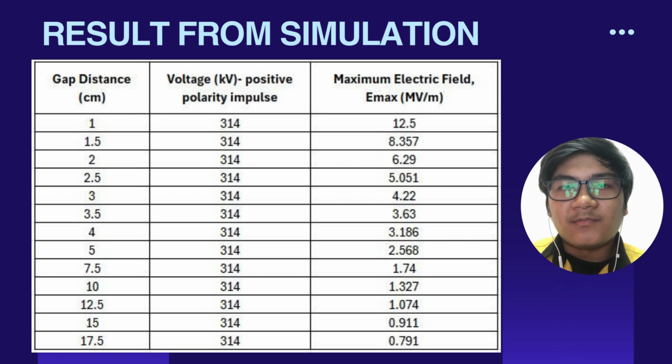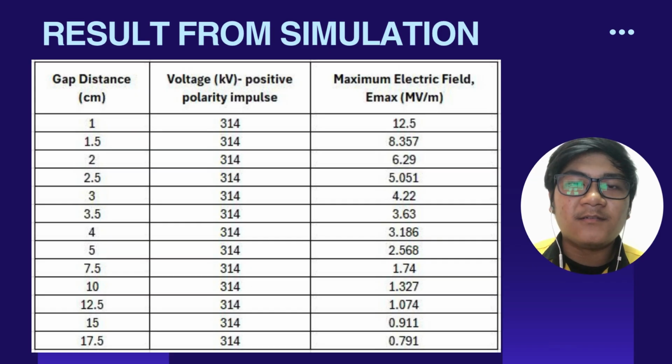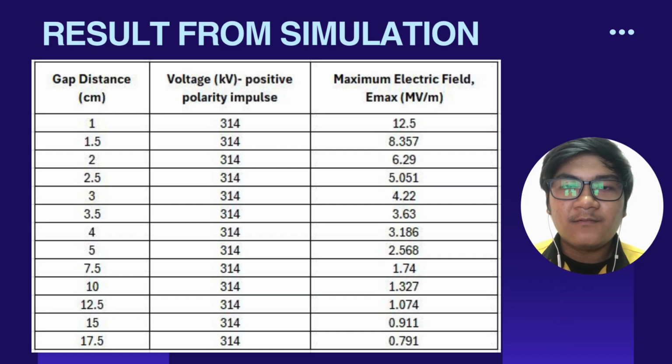So I want to summarize the results from the simulation. As we know, we take at least 13 gap distances. The first one is 1, and then 1.5, 2, 2.5, 3, 3.5, 4, 5, 7.5, 10, 12.5, 15, and 17.5.